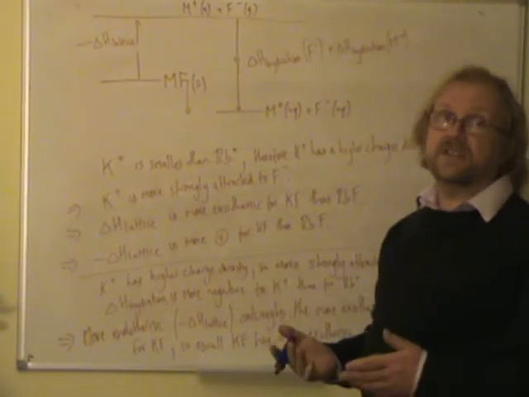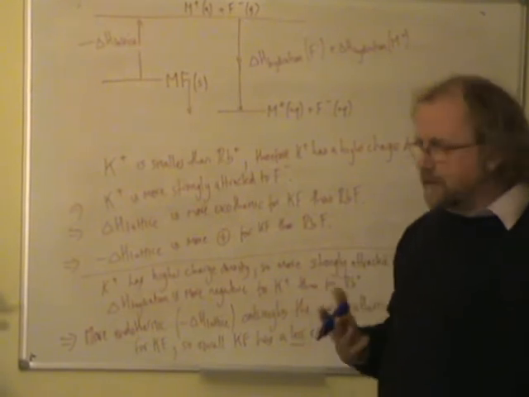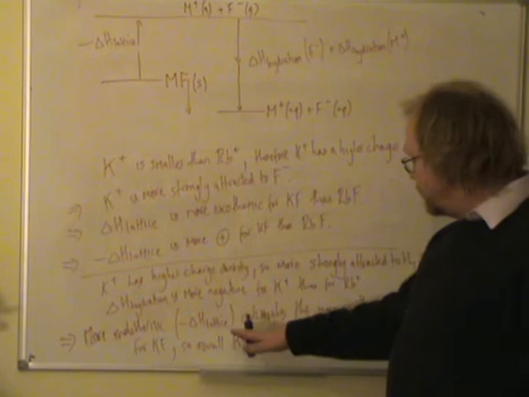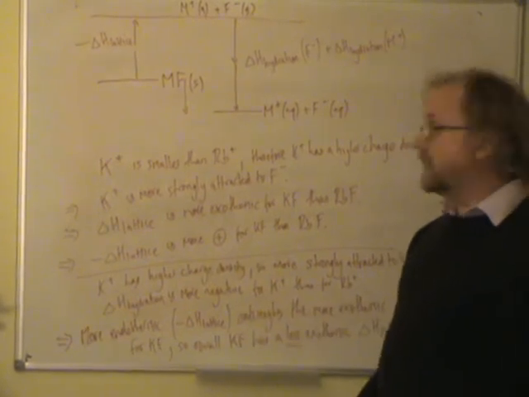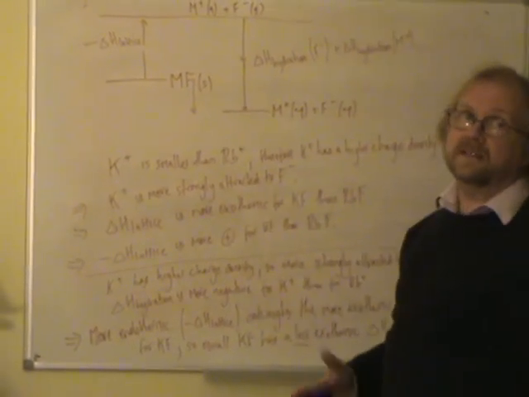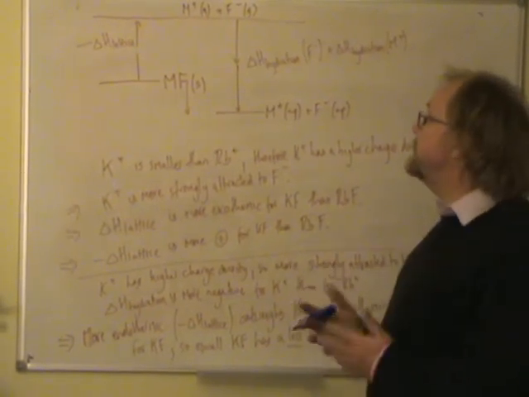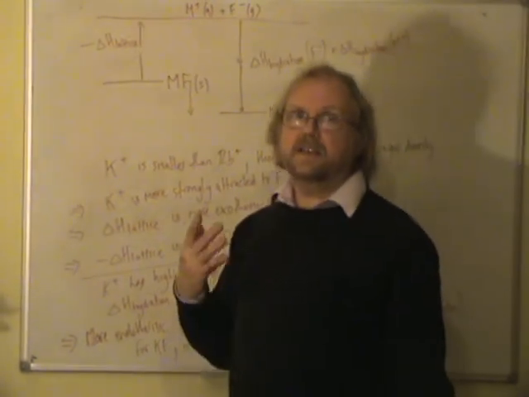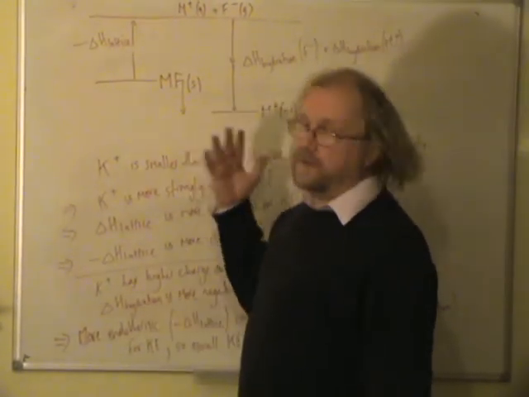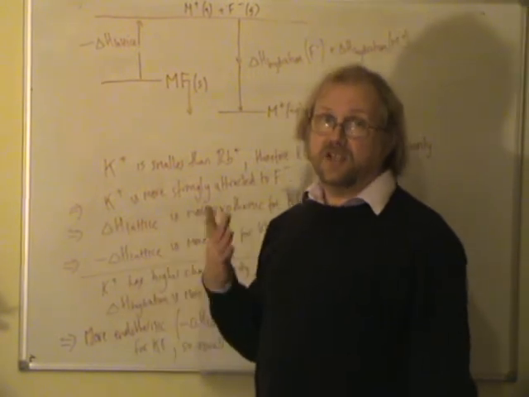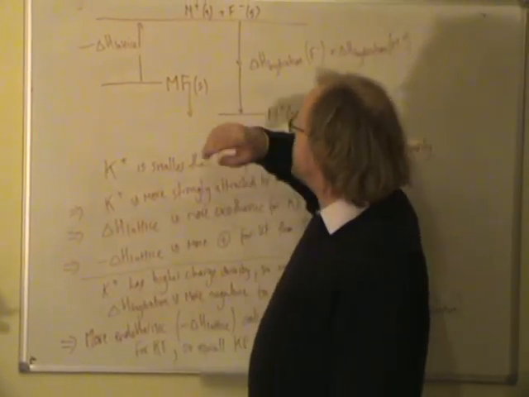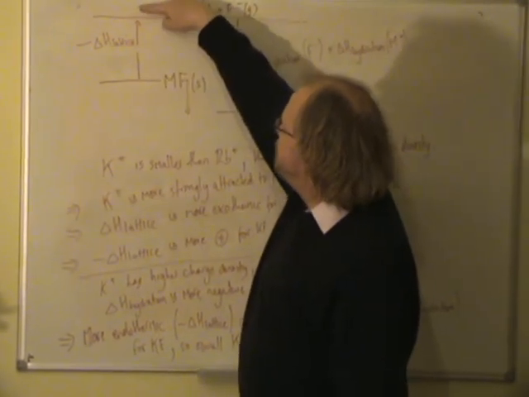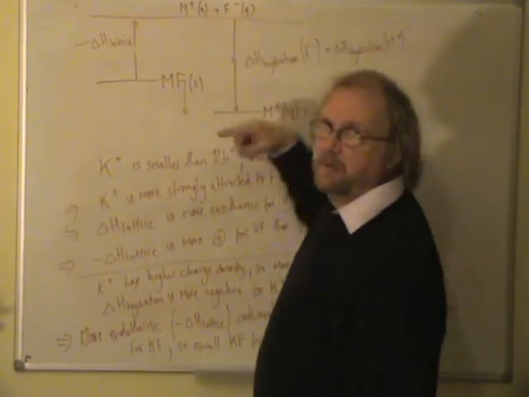So that really takes quite a lot of getting your head around. But as in lots of these questions, it was relatively straightforward to get some of the marks, even if your brain had burst by the time you got to the end and you didn't quite get those ideas together right. But go through that slowly, see if you can convince yourself that the reason it's complicated is that these two contributions to the solution cycle both depend on the charge density of the ions. And because the potassium ion is smaller and has a higher charge density, that's going to be more positive and that's going to be more negative.